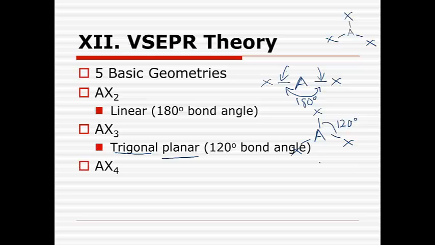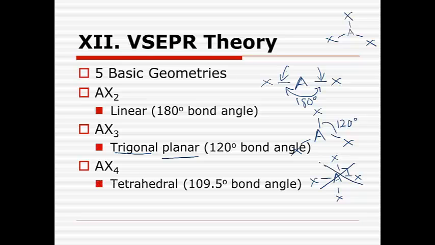Now AX4. The shape of an AX4 is not going to be like this. If you think in 3 dimensions, you can actually get these to be greater than 90 degrees, so that's not the correct shape. The correct shape is something called a tetrahedral, with 109.5 degrees.